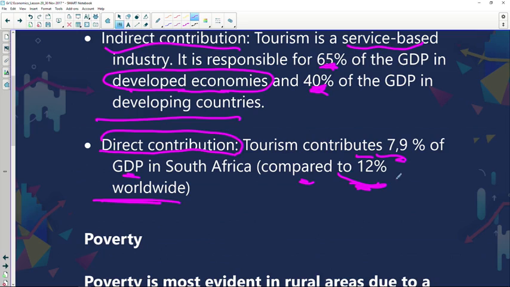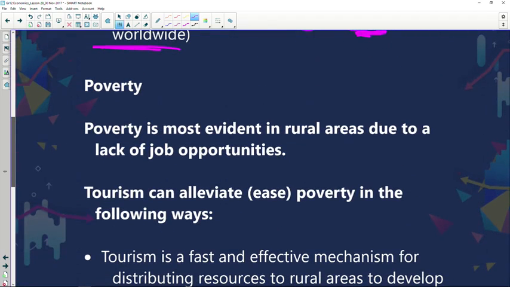We're getting there. I think it's work in progress, but we want to see ourselves around this bracket as well. That's just with regards to GDP. Just know the indirect and also the direct contributions towards the GDP.